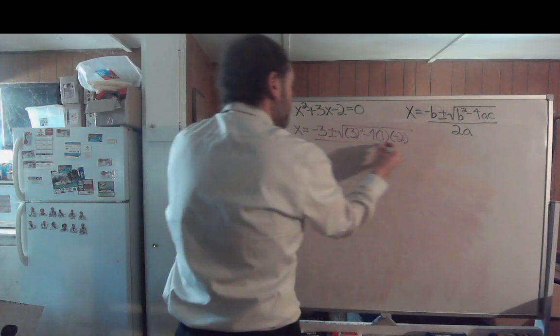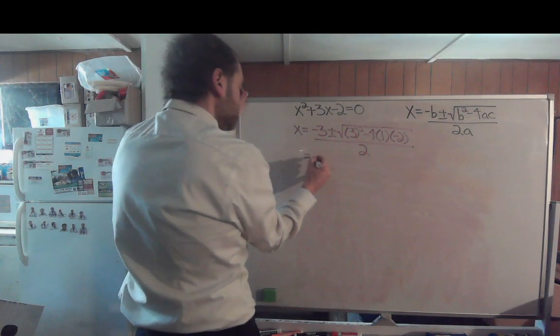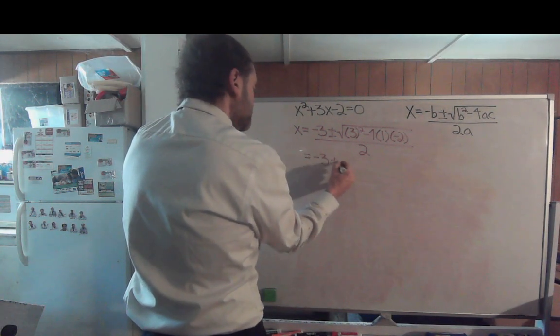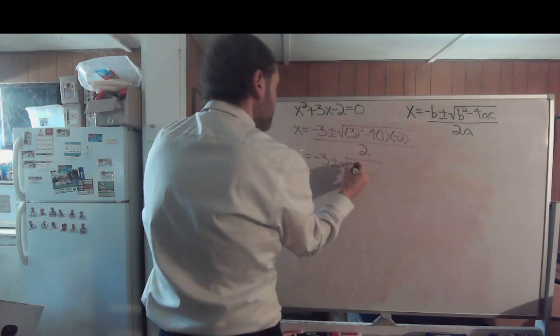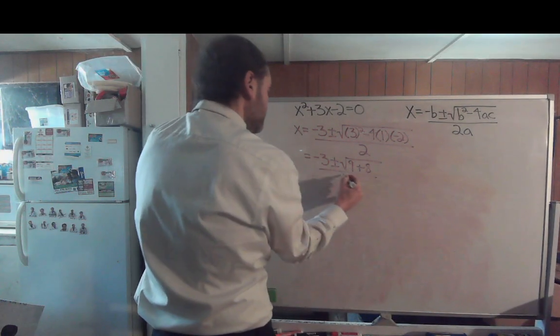This will be all over your 2 times a. 2 times 1 is 2. So that would equal negative 3 plus and minus the square root of 9 plus 8 all over 2.